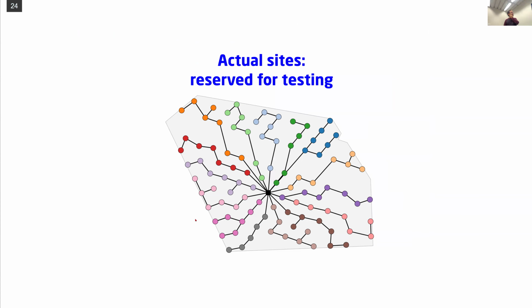I'm reserving the actual sites. This is one example. I do solve them with the mathematical programming solver, for different cable capacities, from 2 to 12, and reserve this for the test afterwards.